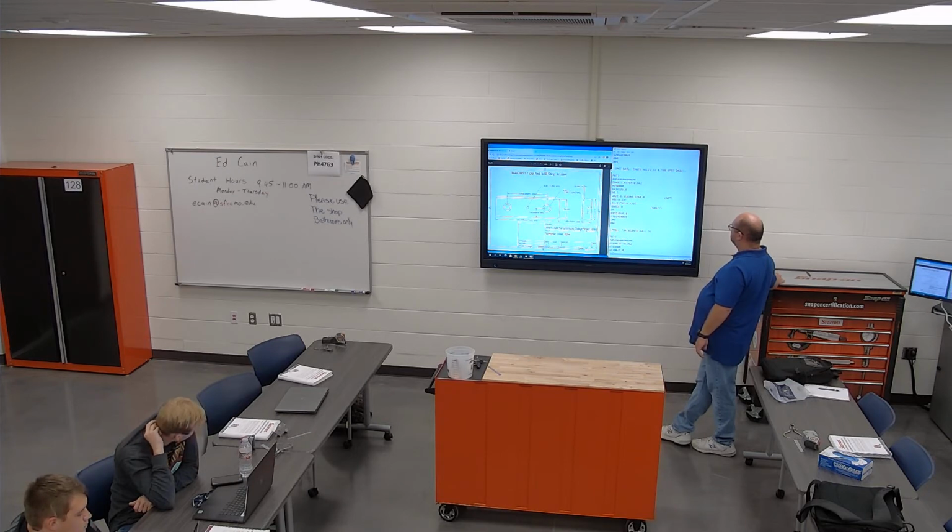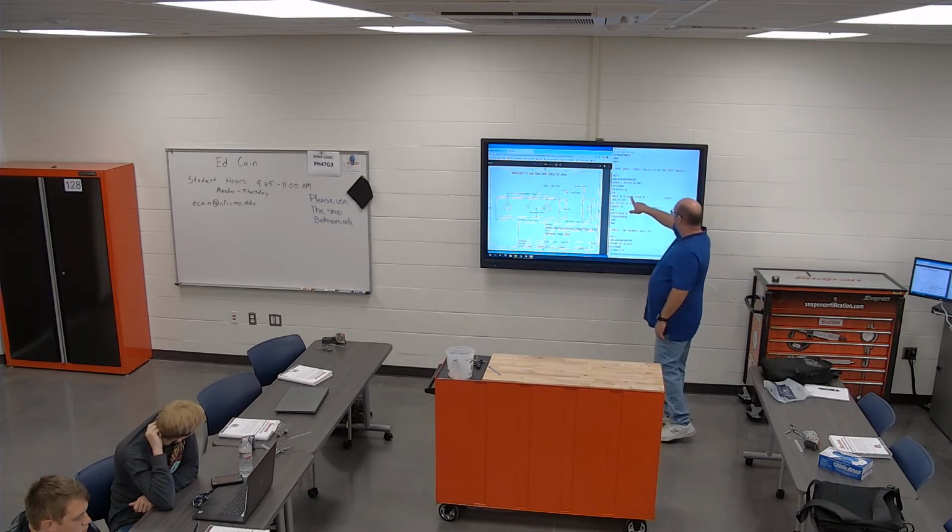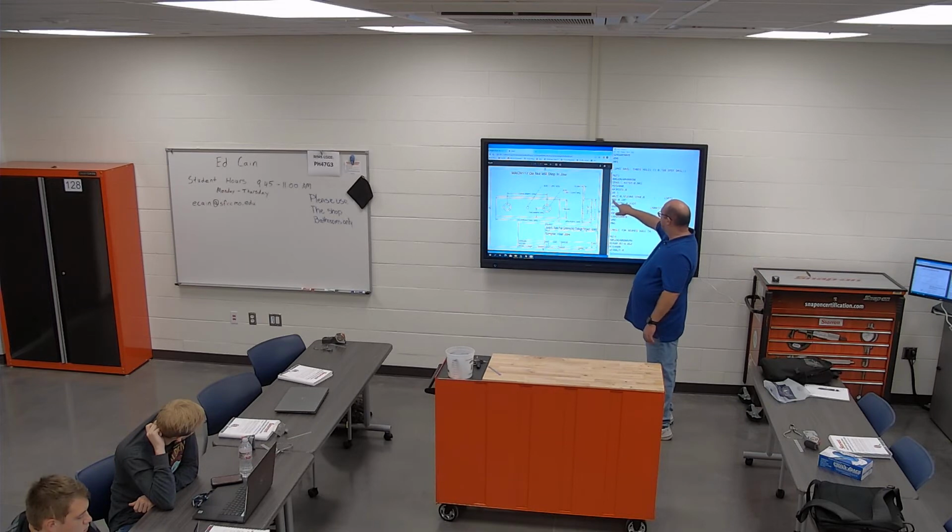So here's your first one. Was that the middle hole then? Did I mess up? Oh, they're all 3 on the same center line, that makes sense. So here's your first hole. This is the second hole.